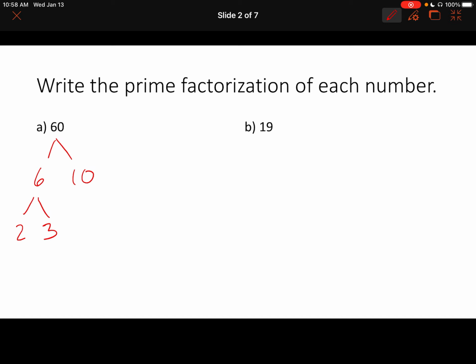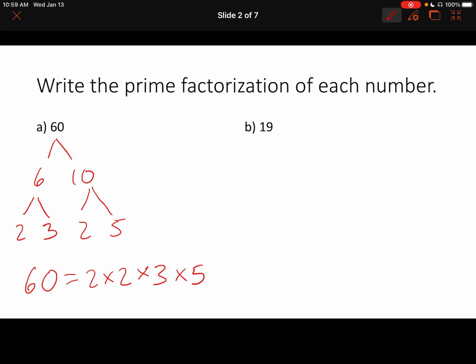Both of those are prime numbers, so both of those branches are done. And then 10 is also composite. 2 times 5, the product of 2 and 5, is 10. Both of those numbers are prime. So each of our branches now ends at a prime number, so we can write the prime factorization of 60 as 60 equals 2 times 2 times 3 times 5.